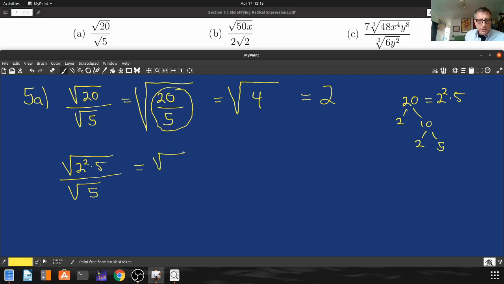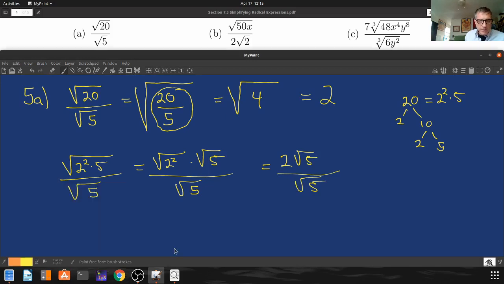Well, that's the square root of 2 squared times the square root of 5 over the square root of 5. And the square root of 2 squared is 2 times the square root of 5 over the square root of 5. And those factors cancel out, and I get the exact same number. I think this method turned out to be easier, but it may not always be the easiest way. It's kind of good to know that you can do it both ways.